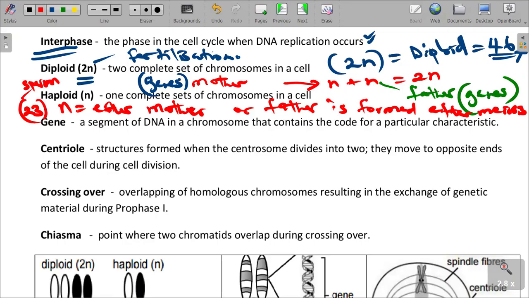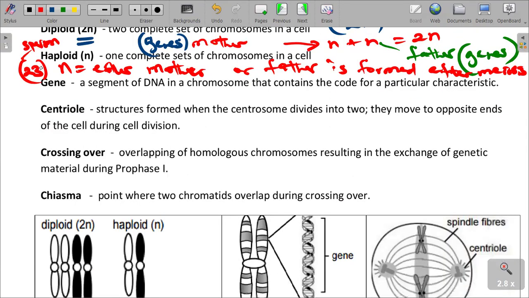So a haploid cell is either a sperm cell or an egg cell which only has half the number of chromosomes of the organism. In that sense, we say that it's a normal cell of an organism that can allow fertilization. Then we have got gene, which is a segment of DNA in a chromosome that contains the code for a particular characteristic.